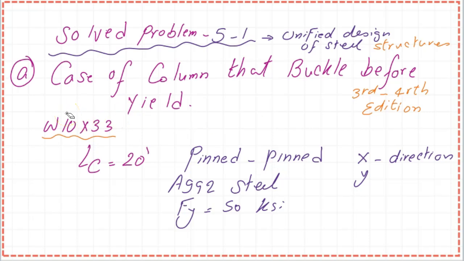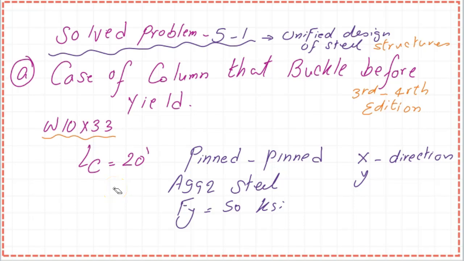The content of solved problem 5.1 is the case of a column, to check whether it will buckle before yield or not. The given section is W10x33, where 10 is the depth of the W section, while 33 is the weight per linear foot.